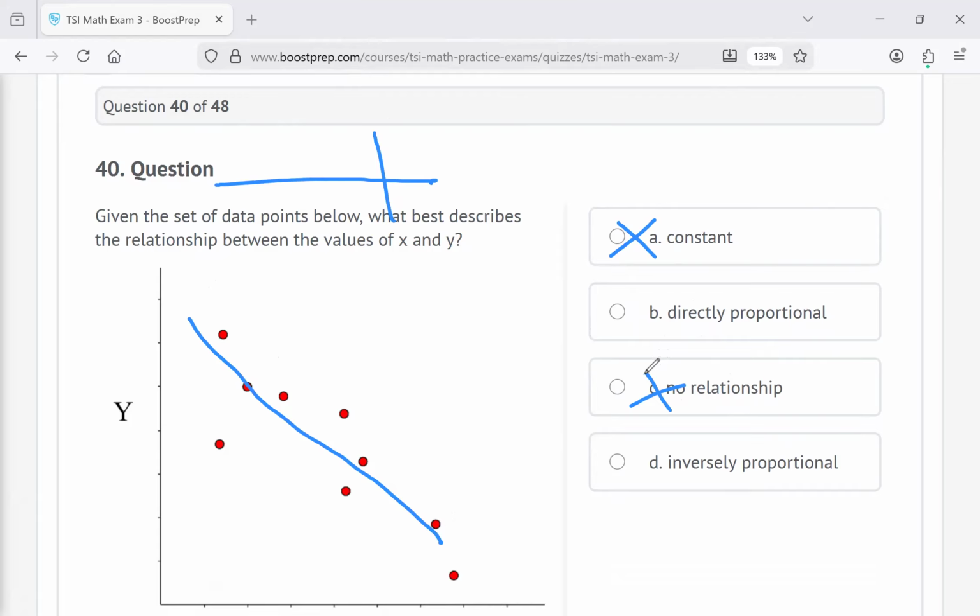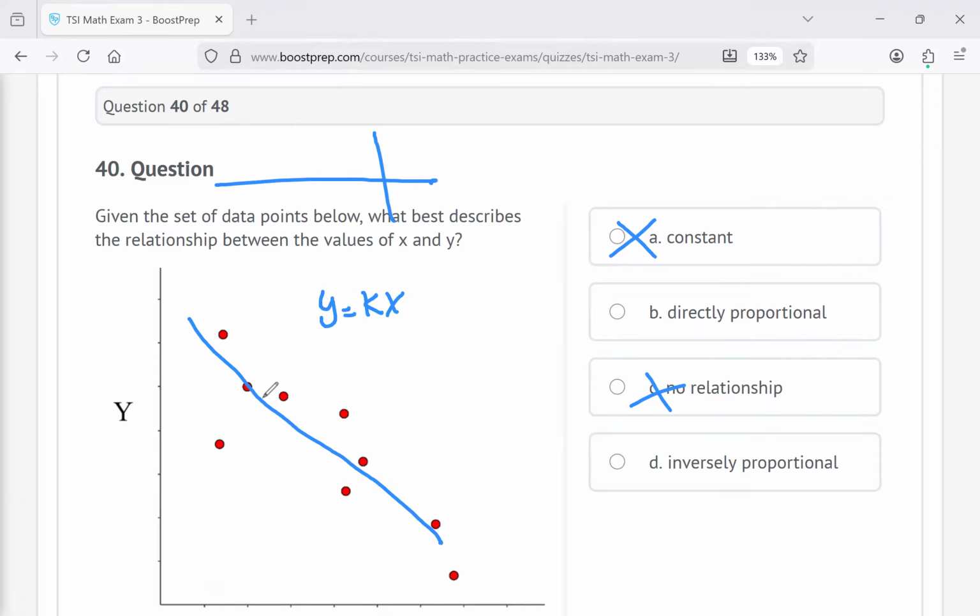I think it is directly proportional, because what is the equation of directly proportional? It's basically y equals k times x, and that's what we have.